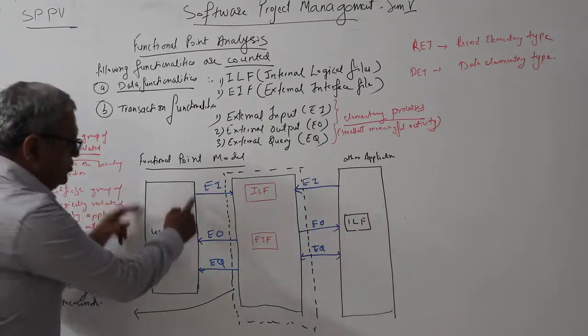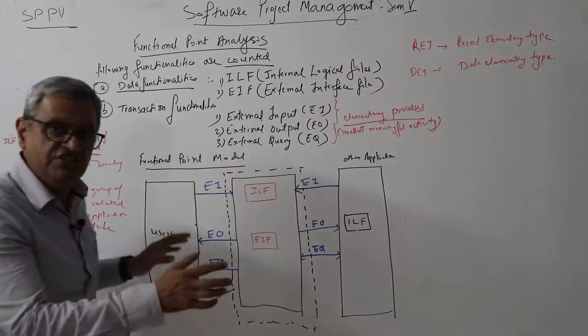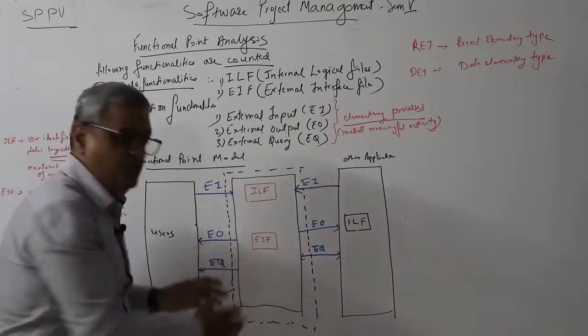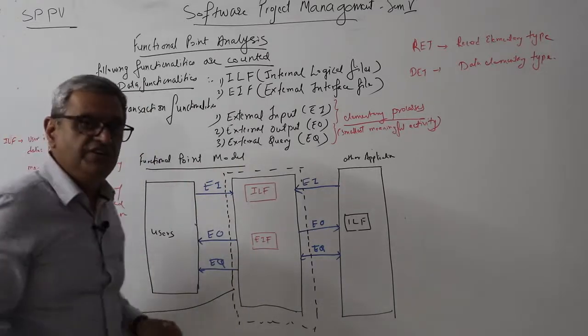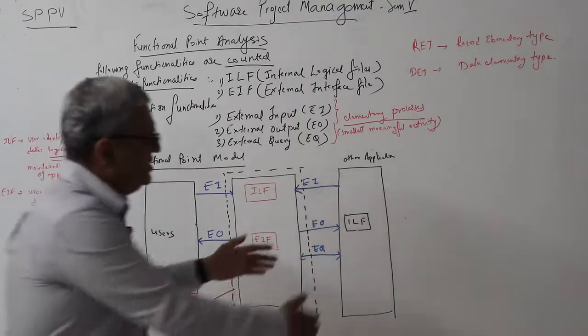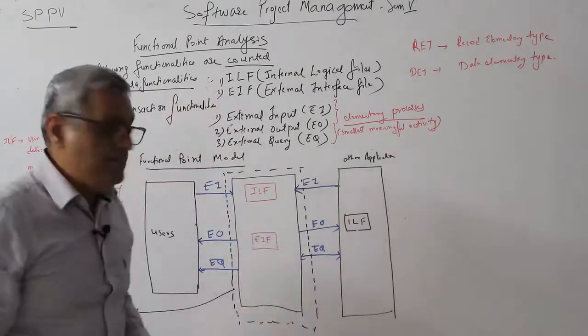So there are two possible interactions which a software can have. One is the straight interaction with the user, and the second is the interaction with another application.